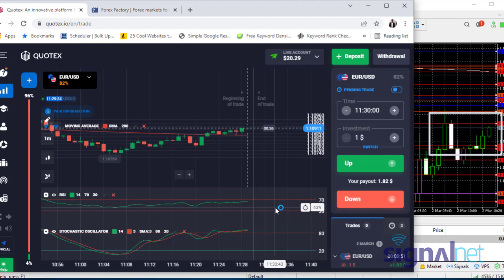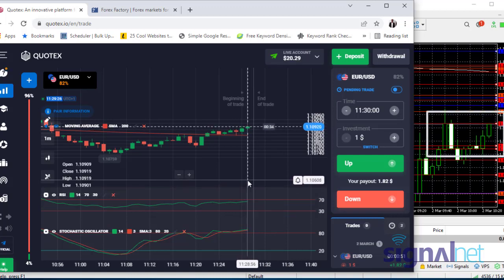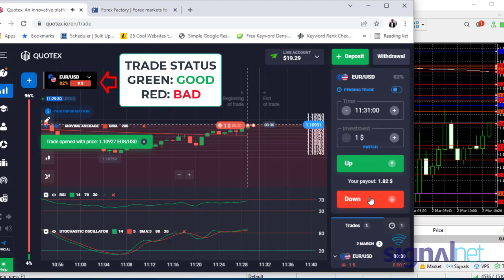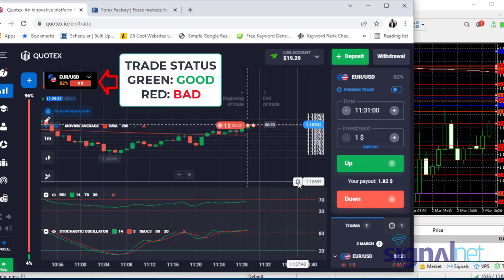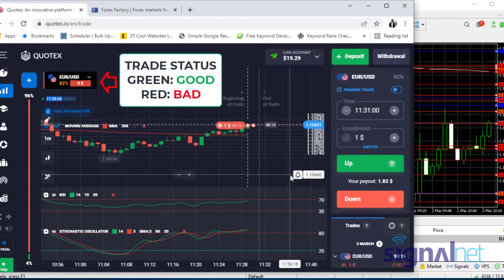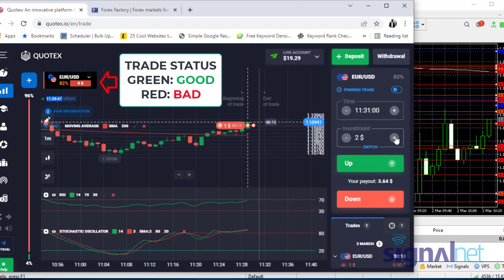So the candlestick was looking like it wanted to pull down. Okay, so let's see how that plays out. So I'll just increase this.